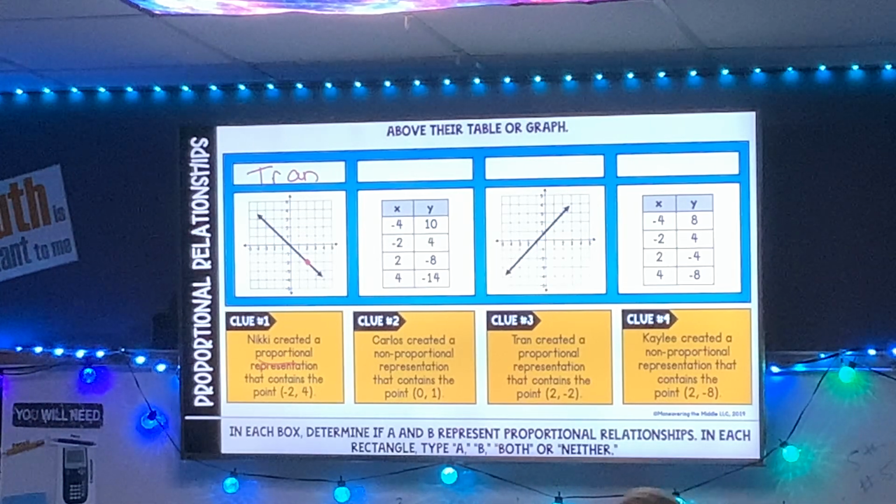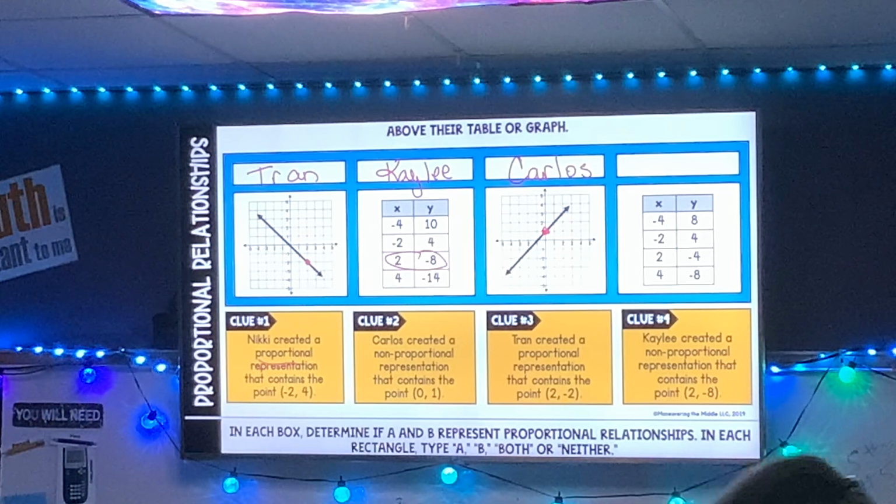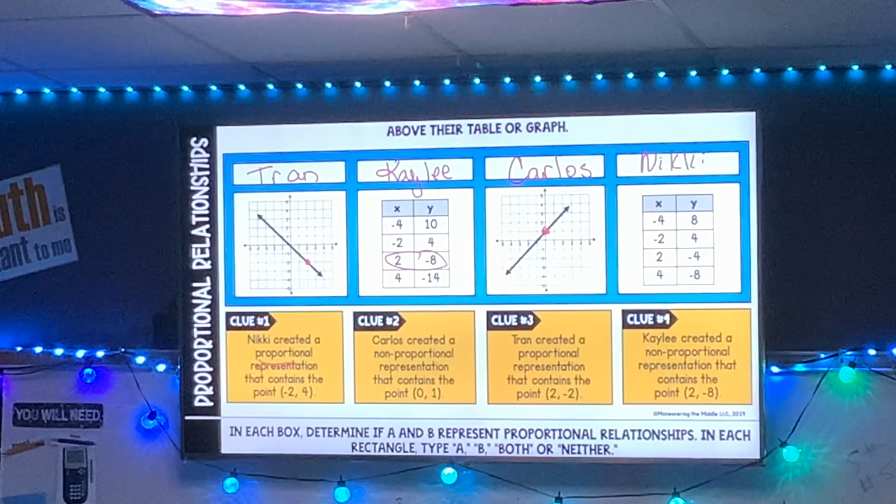Proportional or non? Non. So is it Carlos or Kaylee? Kaylee, because there's 2, -8 in it. Good. Is the next one proportional or non-proportional? Non. And it crosses at 0, 1, so it has to be Carlos. So who's left? Nikki. And you have -2, 4, so that does make that true.